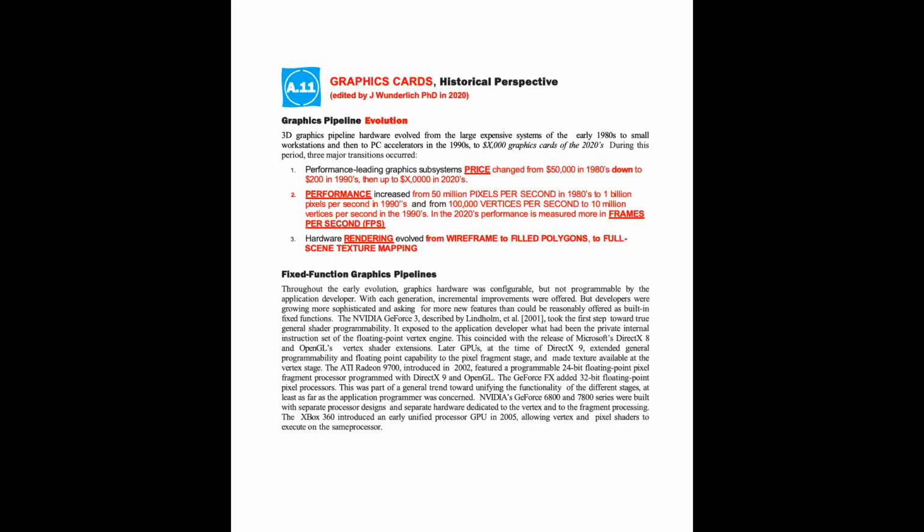This is part of the introductory lectures on computer graphics, and we're starting with a historical perspective out of a textbook we're using by Hennessy. We're talking about the evolution here, and some key things to note are the price changes, the performance and the rendering capabilities.